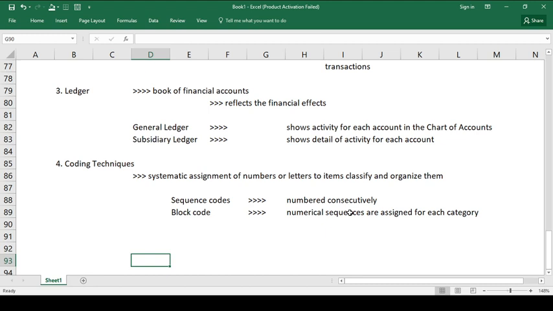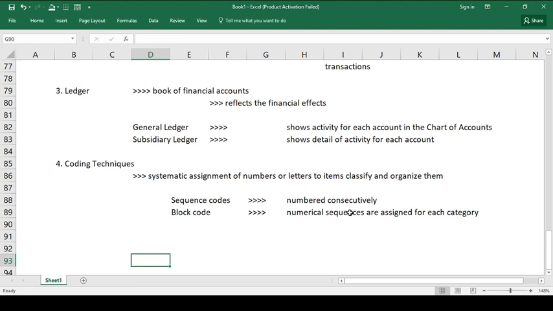So, ibig sabihin, kung hindi ka 6,000 to 6,520 yung coding mo, lampas ka dyan or baba ka sa 6,000, posibleng hindi ka kasama sa kategoryang iyan.